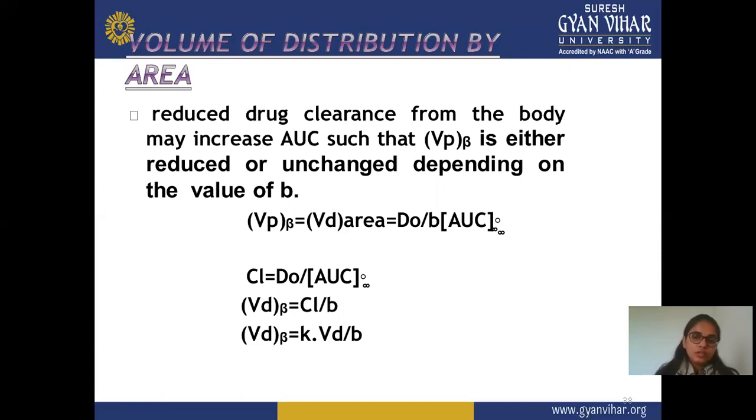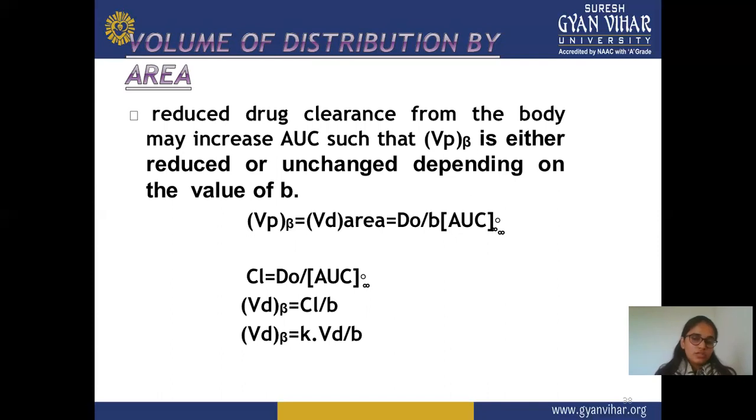So this is the equation for this. Vp beta equals Vd area equals D0 divided by AUC infinity. When we calculate the clearance, it is D0 divided by AUC infinity, and when we modify this equation, we get volume of distribution beta equals CL divided by B, and Vd beta equals a constant K times Vd divided by V, because we already said that the reduced or unchanged form mainly depends on the V value.